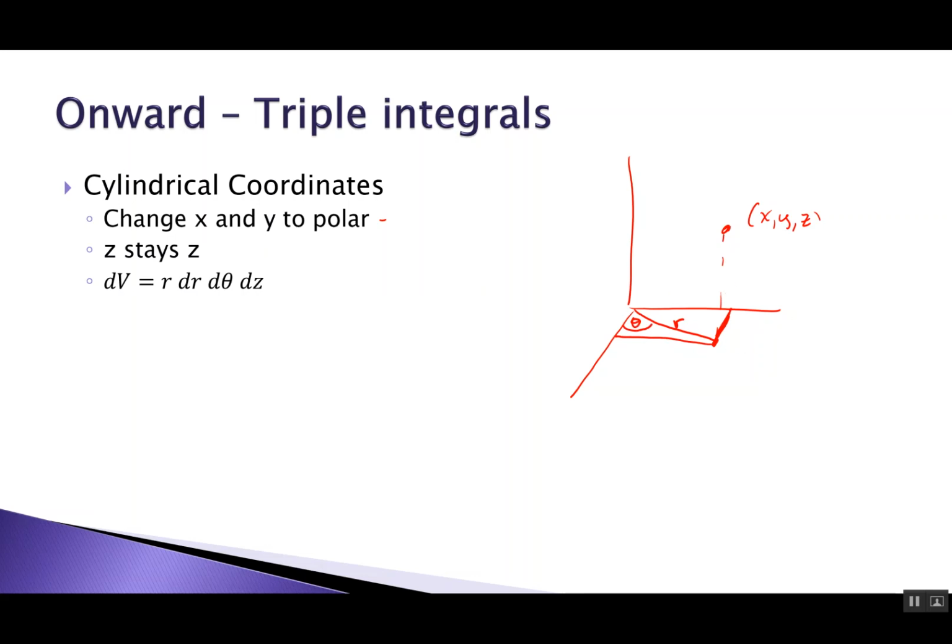So x is still r times cosine theta, and y is still r sine theta, and z is just z. Okay, so here's my x, and you can see from this triangle, x is r cosine theta. Here's my y, or you can think of this as being my y, r sine theta, just like before, and z is z.